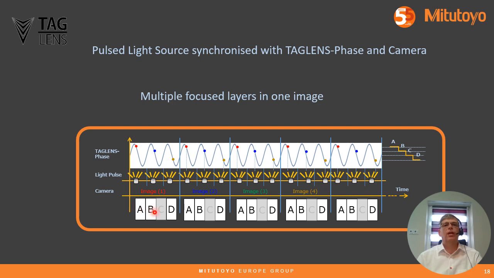In this case, A, B, and D layers are in focus because we tune the pulsed light to exactly these points in the TAG lens cycle where these layers are in focus.